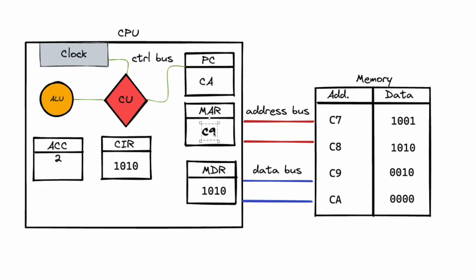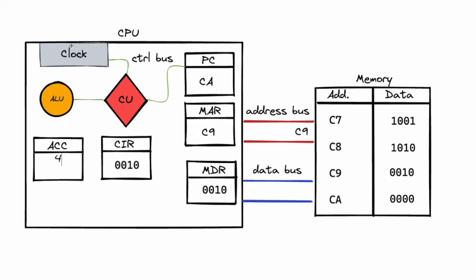Copy the value from MAR along the address bus to main memory, find the piece of data in the right spot, send it along the data bus, stored in the MDR, copy to CIR, decode, execute. And let's say this one means multiply by 2 again, for example. So the ALU will do that, and we'll store the result in the accumulator.